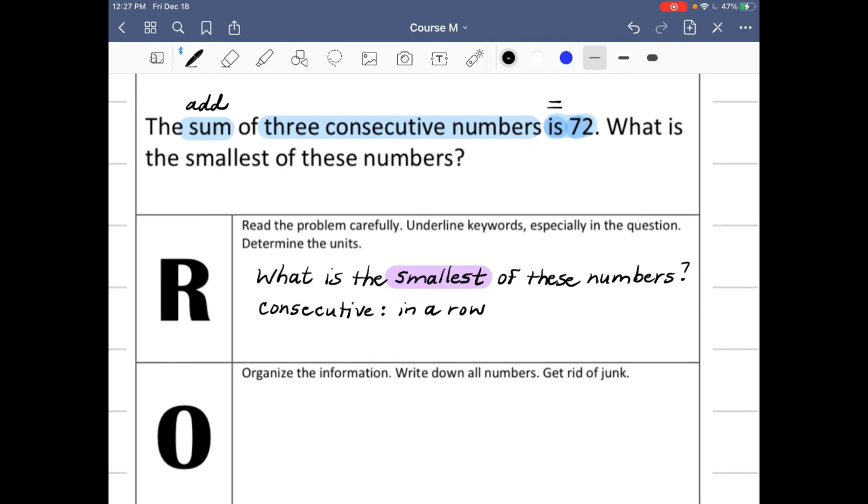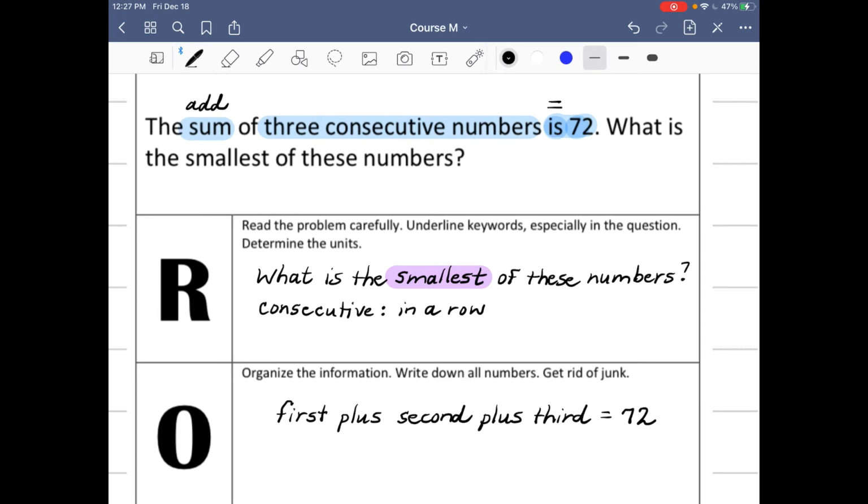So what they're telling me is that the first number plus, because we're looking for a sum, the second number plus the third number equals 72.